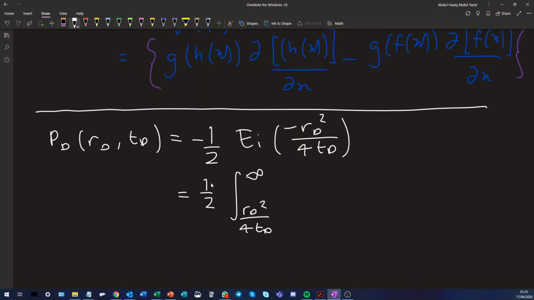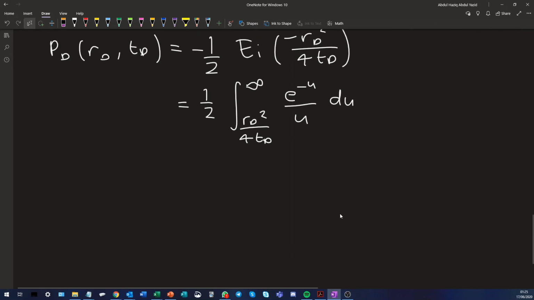And here we would have e to the negative u over u du. Okay, so we can just rewrite it in this way. The reason we want to rewrite it in this way is because we can actually apply the fundamental theorem of calculus in order to solve the question.